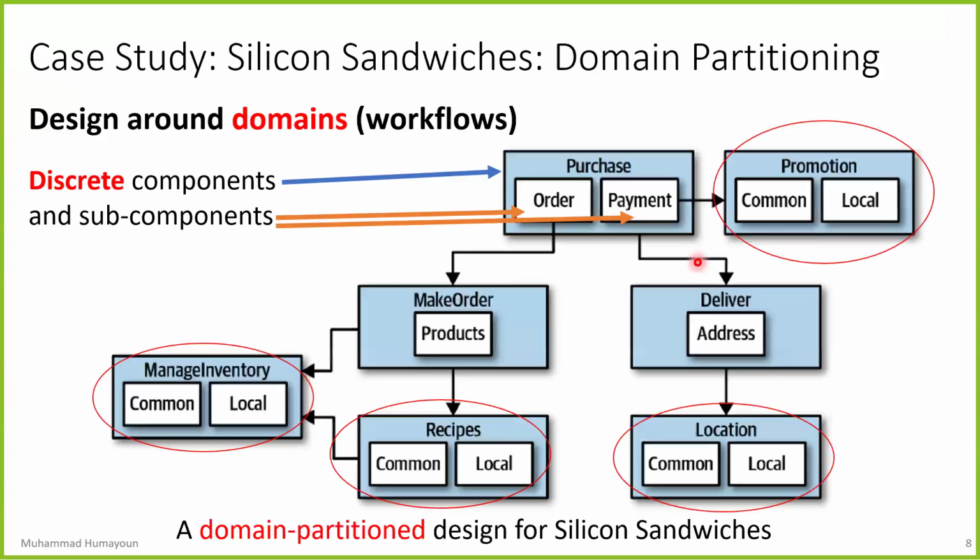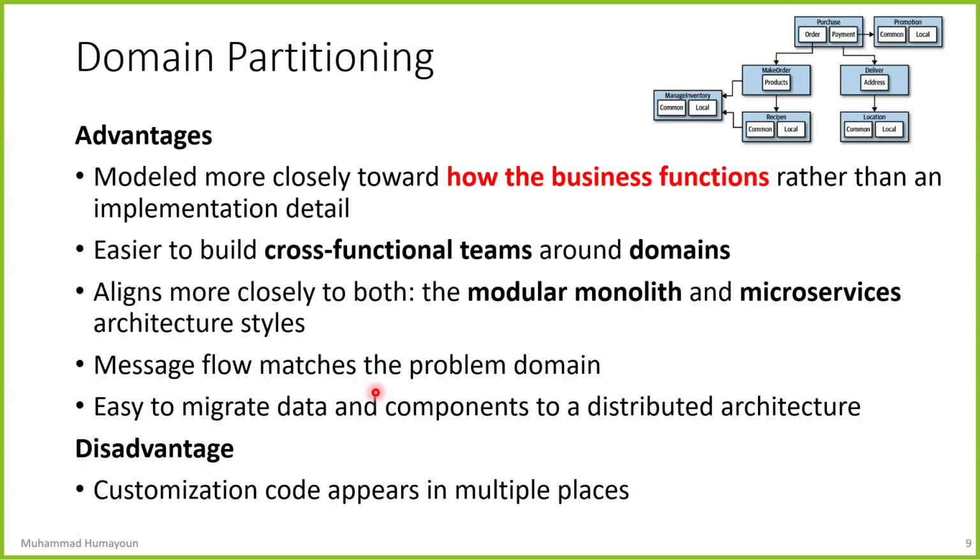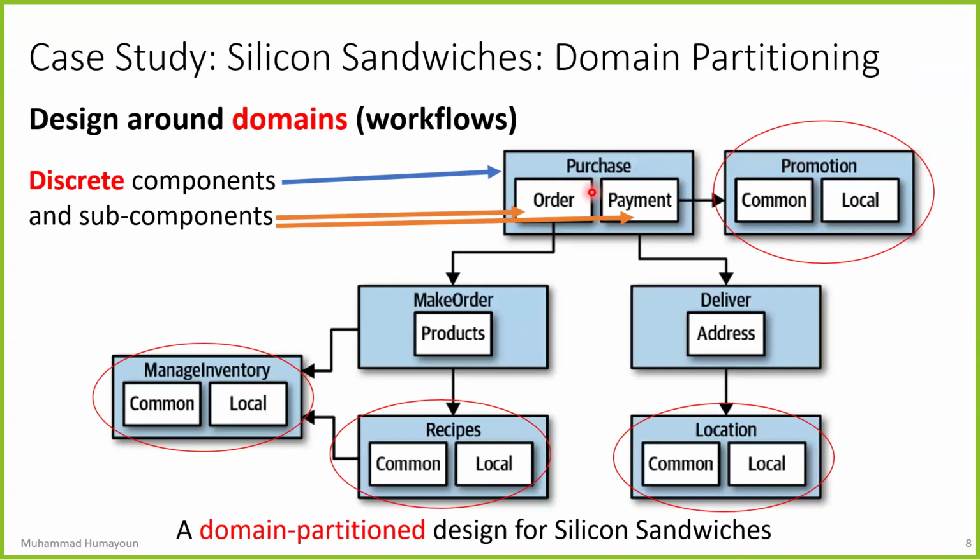Message flow, how messages flow between components and how they communicate with each other, matches the problem domain. And finally, it is easy to migrate data and components to a distributed architecture. Each component that you have here, designed around domains, you can put into multiple machines and easily implement a distributed architecture, because they can all be separated, since each component fulfills a complete workflow.